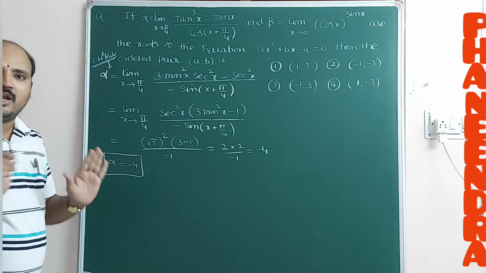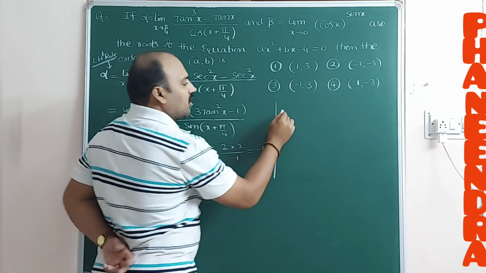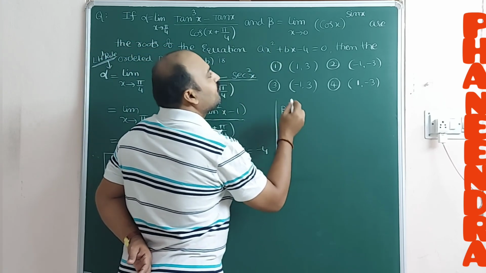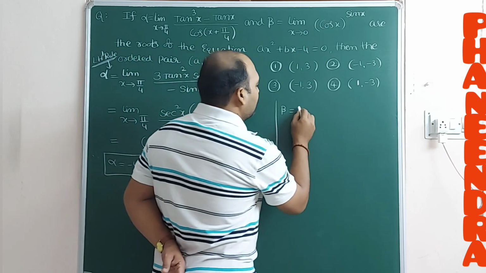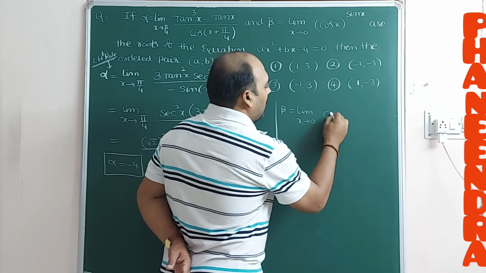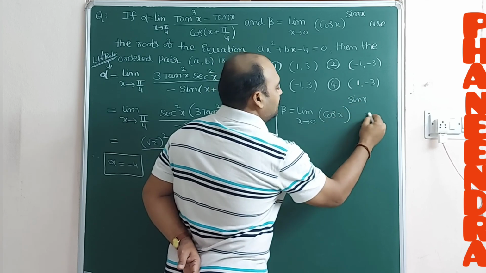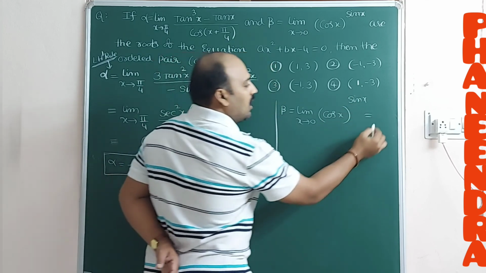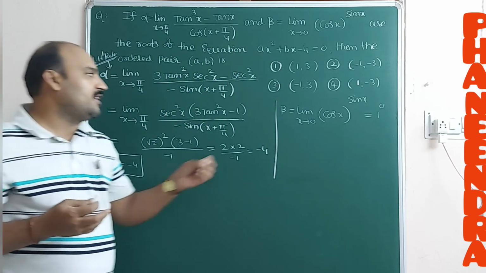So we got the alpha value. Next, they are asking to calculate the beta value. Beta equals limit x tends to 0 of cos x power sin x, which on substituting is 1 power infinity form. We already discussed a number of problems based on this.